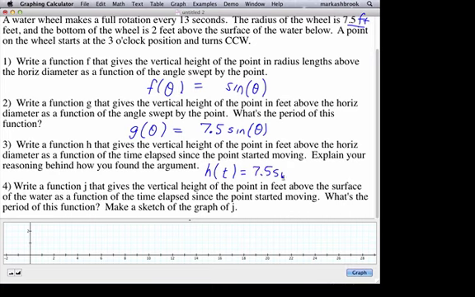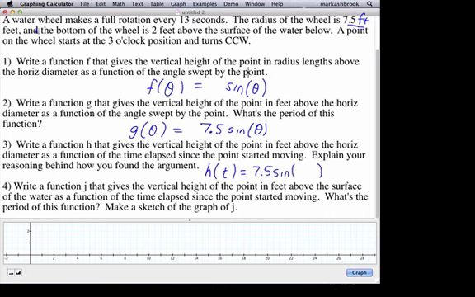The question is, what goes into sine? This is called the argument, the thing that goes into sine as a whole, or into cosine. It's called the argument. And so if our input is t, then that argument is going to be an expression that has t in it.